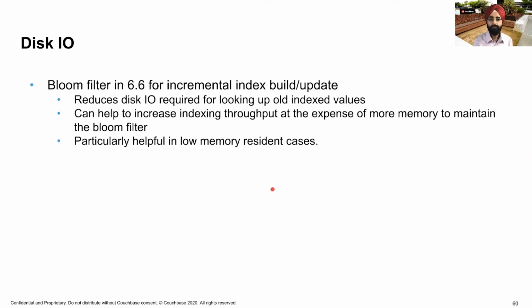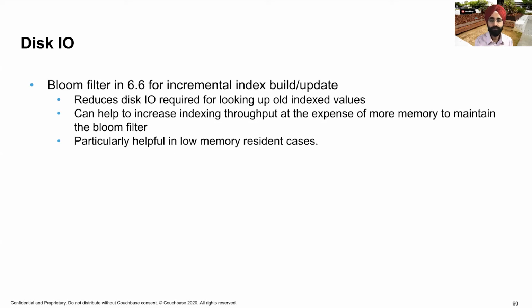An important optimization that has gone in the 6.6 product release is the addition of Bloom filter to help optimize the incremental index build or the index maintenance. This reduces the disk IO requirement for looking up old index values.